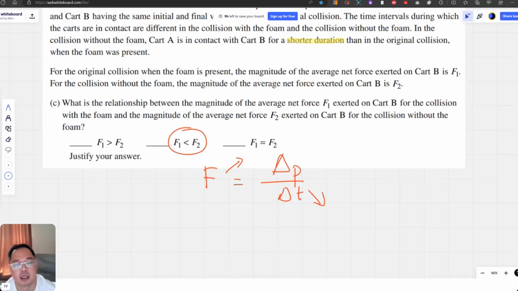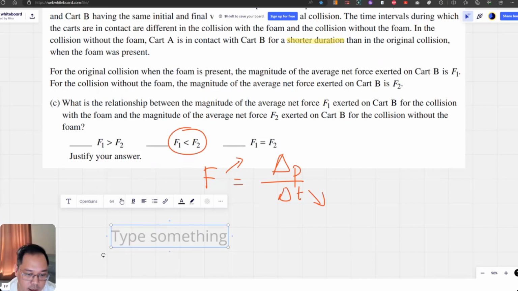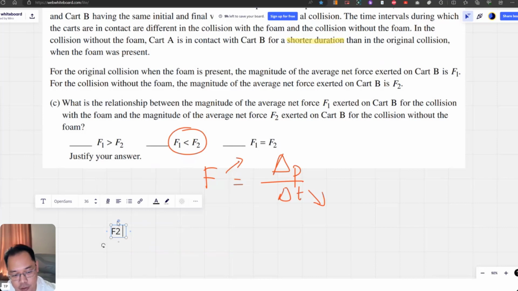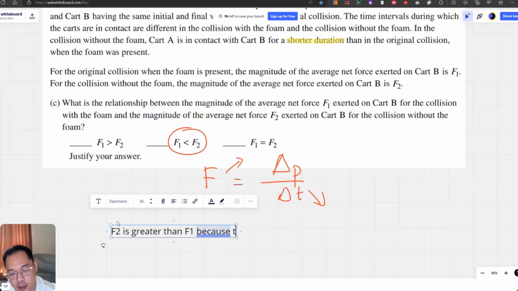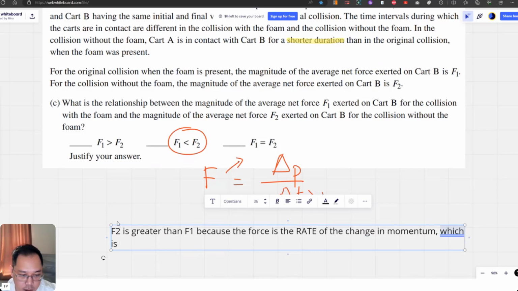So we say that the force F2 is greater than F1, because force is the rate of change in momentum, which is the ratio between the momentum change and the time.